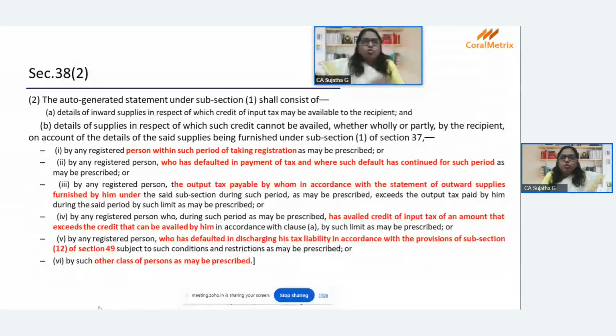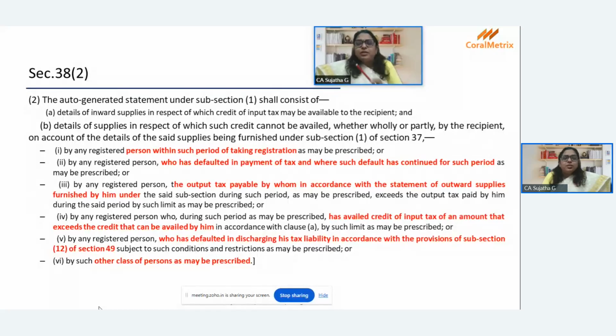You do not know whether he is newly registered or how many years he is registered. He is a valid vendor and he's showing his GSTR1. He has filed his GSTR1, he has paid his due taxes. That's why it comes to GSTR2B. But still, if he is a new vendor, then there is every possibility that your input tax credit can be deferred. I'm not saying it will be rejected, it will be deferred.